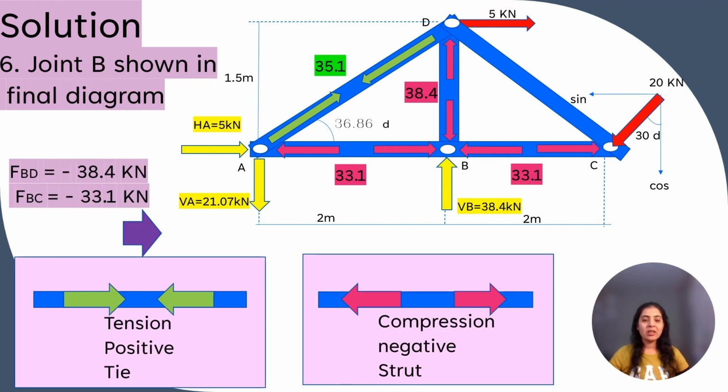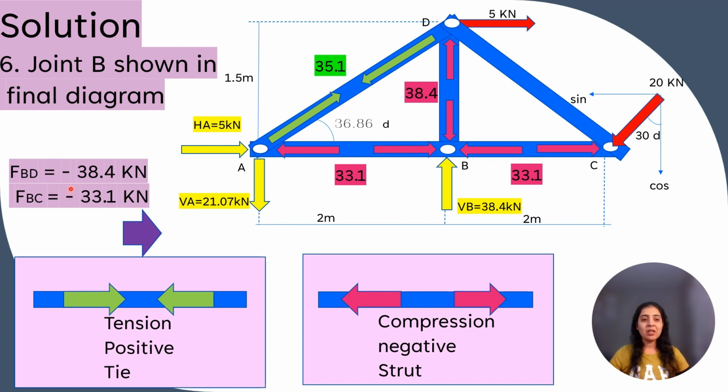After solving the equilibrium equations for joint B, we got FBD is equal to negative of 38.4 kilonewton and force in member BC as negative of 33.1 kilonewton. So we have to represent it in our final diagram. Let's check the sign convention for truss members.